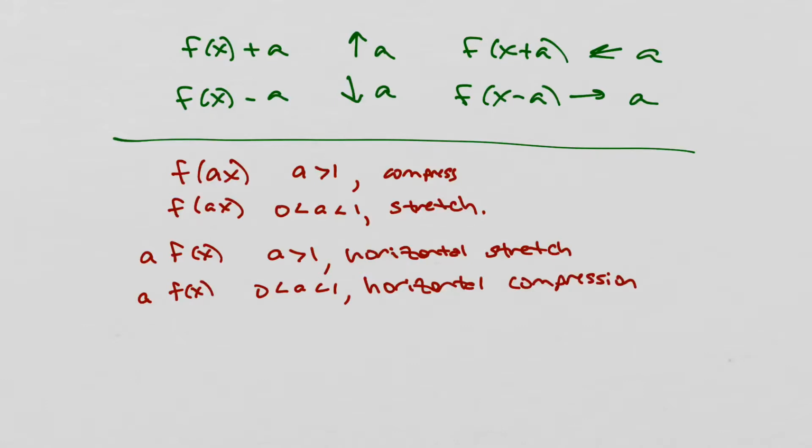So again, if it's on the inside with the x's, remember these go along the x-axis, so we're talking about horizontal. Sorry, I messed that up. The inside ones are horizontal, and the outside ones are affecting the y's. The y's go up and down, so these are vertical stretches and compressions. My bad. So again, with the x-axis, we're talking about horizontals, and with the y-axis, we're going up and down, so we're talking about verticals.